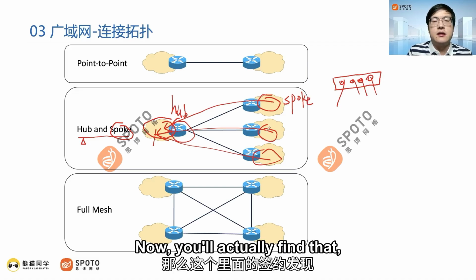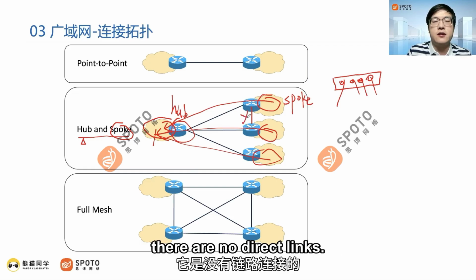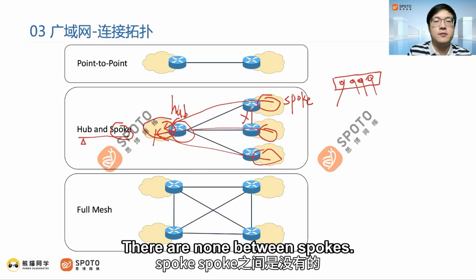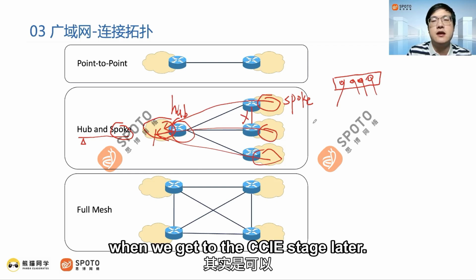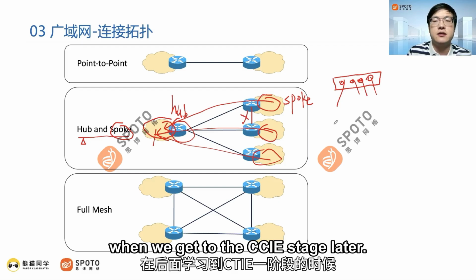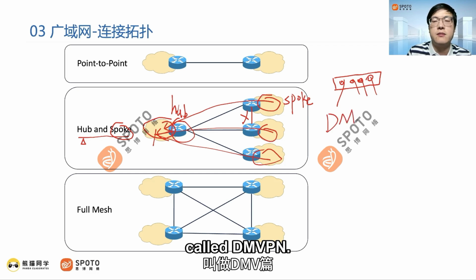Now, you'll actually find that between our spokes, there are no direct links. Of course, later at the CCIE stage, Cisco has a proprietary protocol called DMVPN.